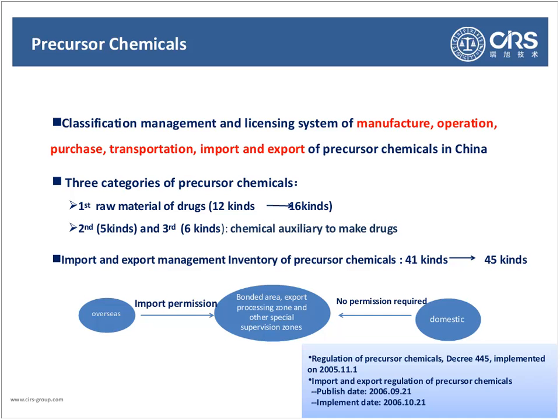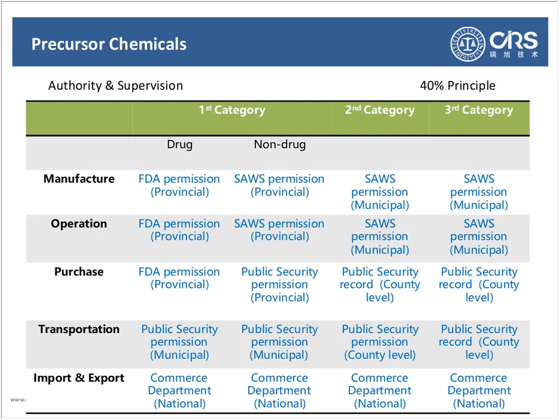So here we use a table to give you some idea whether you need to do manufacture, operation, purchase, transportation, import, and export. We list all the relevant authorities. For example, if you want to manufacture precursor chemicals in China, and this chemical is listed in the first category, you first need to check whether this chemical is a drug or a non-drug.